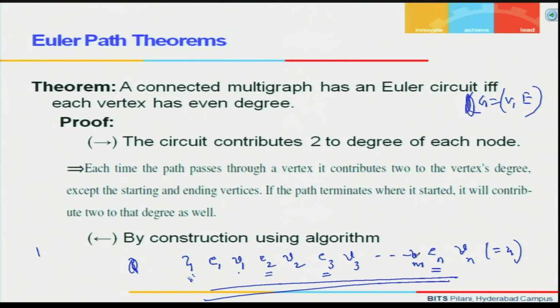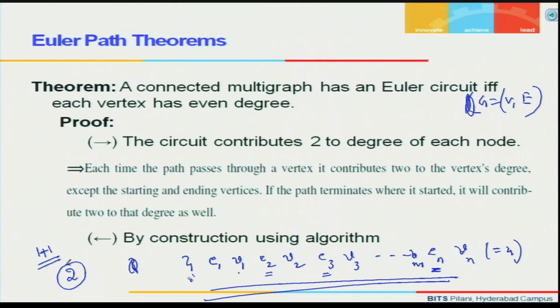That is En, an edge from Vn minus 1 to U. One more degree is added, so the degree of U is going to be at least 2, because one edge is going away from U and one edge is coming on to U.